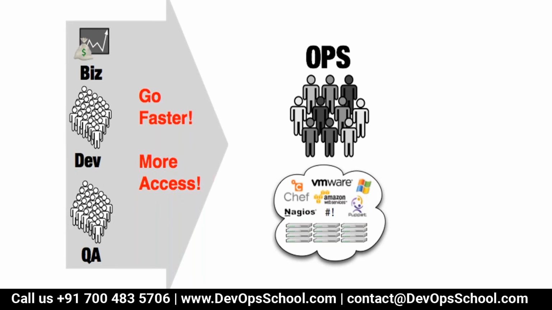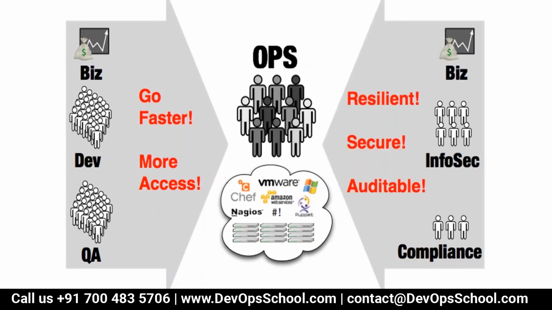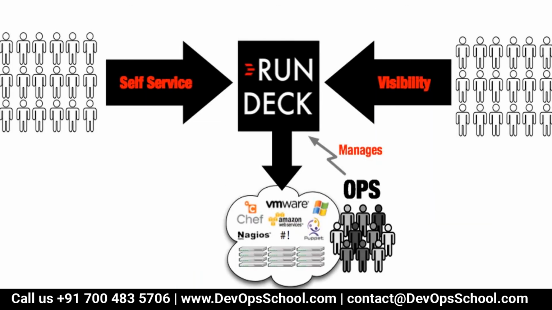They want to do things faster and want more access. Whereas the operations team wants the environment to be resilient, secure, and auditable. Security and compliance have to be managed. So there are different interests of the development team, QA team, and operations team. How can we manage all these things? That's where Rundeck will help.